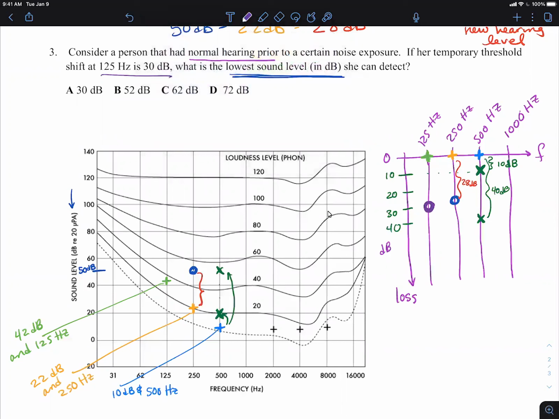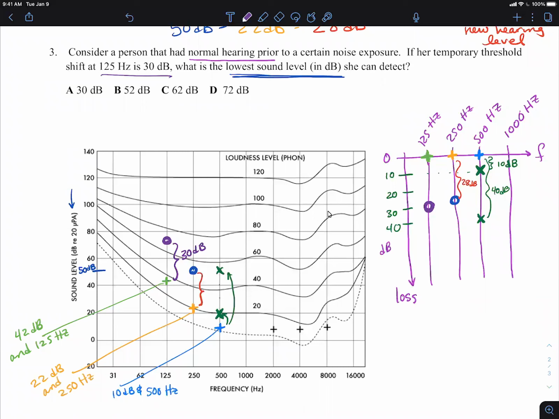And so they put in 52 and then 62 and they still couldn't hear it. And it wasn't until they got to 72, so 30 decibels higher than normal hearing, which is the pluses, that the person was able to sense it.